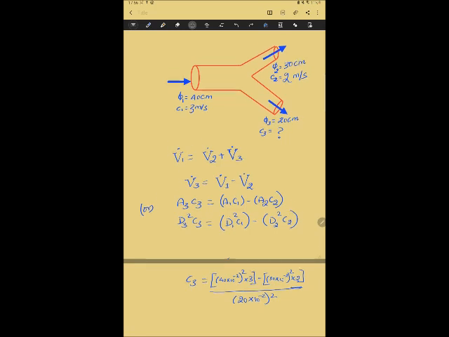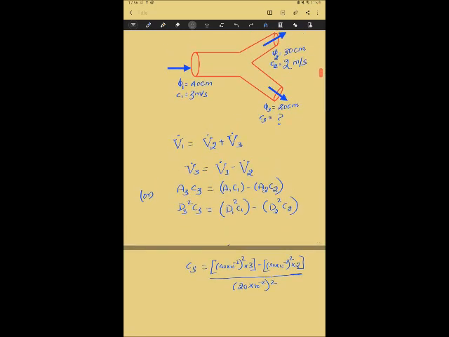So all that I'm doing now, my dear people, is substituting all the values that we know. C3 equals D2 square goes on the other side of equal to and becomes divided by.